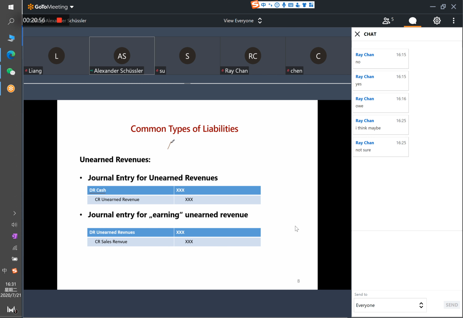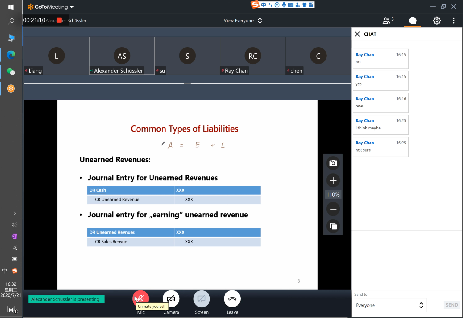Which elements of the accounting equation are touched here? What is cash? Is cash an asset, or is it a liability, or is it equity? Asset, exactly. So cash goes up.